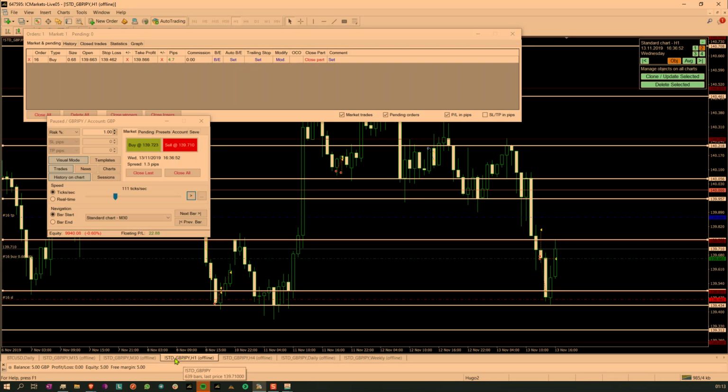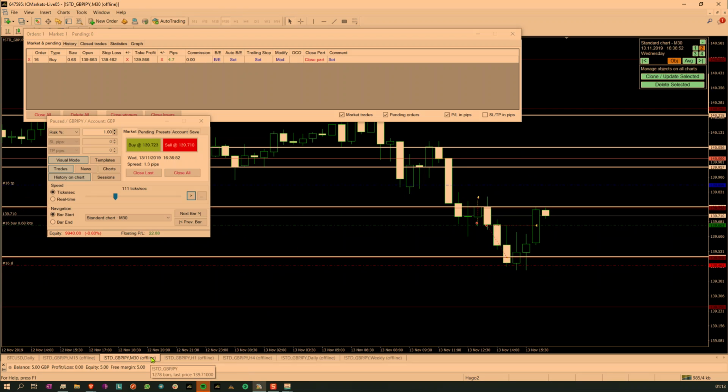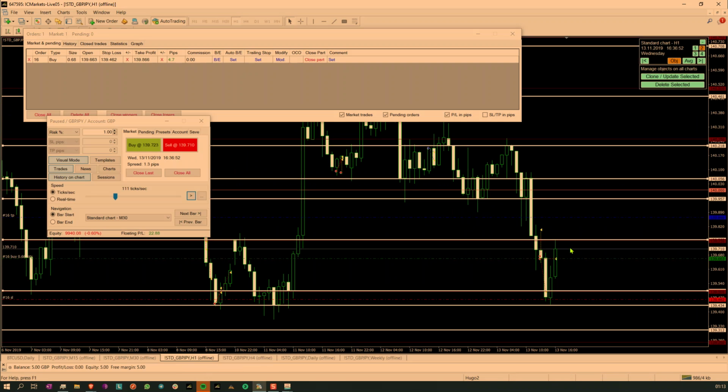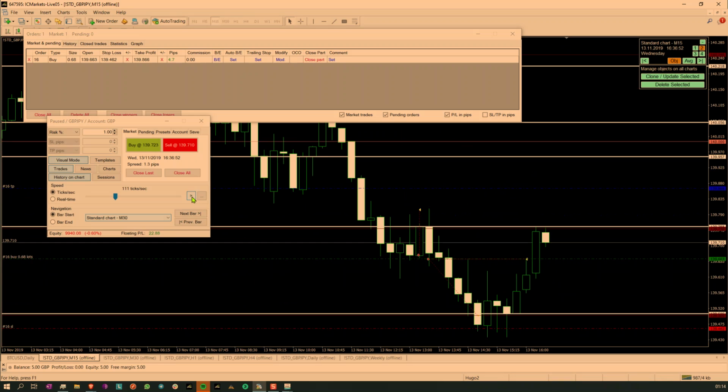So we have a bit of, okay. I want to pass. I should have passed this zone, but in the 1 hour, there's nothing. You know, so let's play this, but let's still manage in the M15.